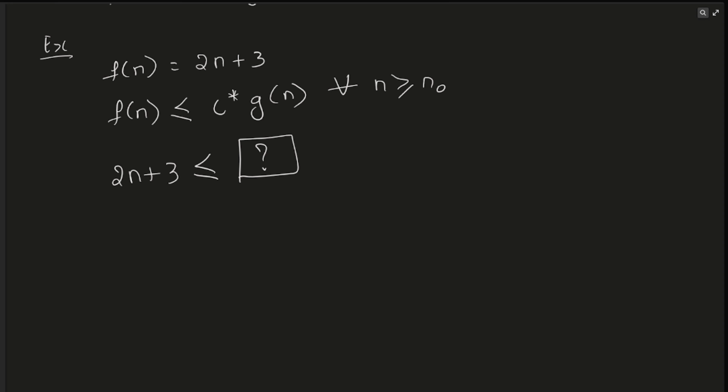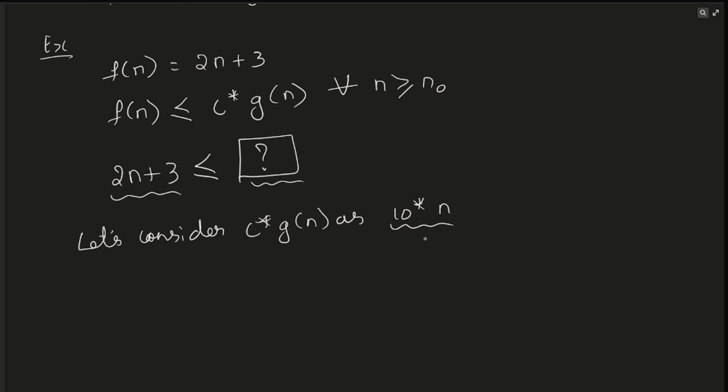In this place, I need to write something such that its value is greater than the left hand side f of n. Let's consider c into g of n as 10 into n, and this c into g of n can be anything, but it should always be greater than the left hand side f of n. Let us check 10 into n is greater than 2n plus 3. 2n plus 3 less than or equal to 10n.